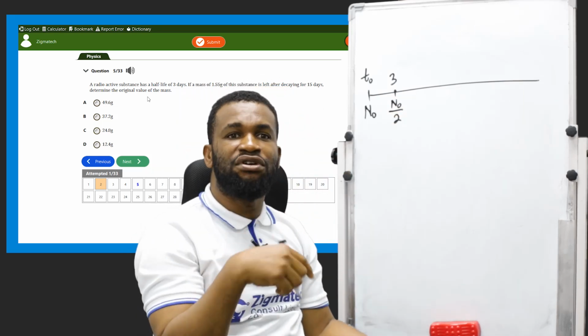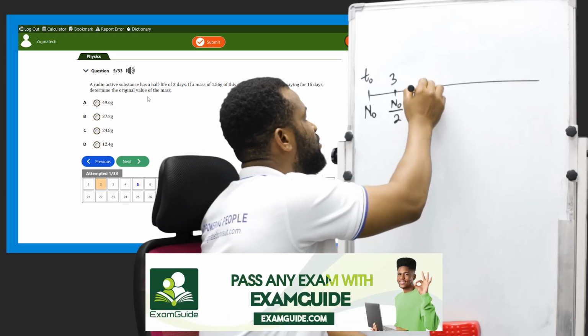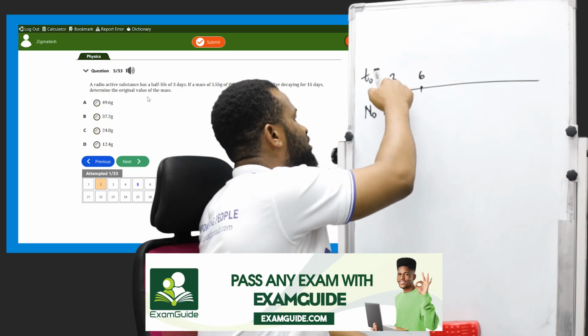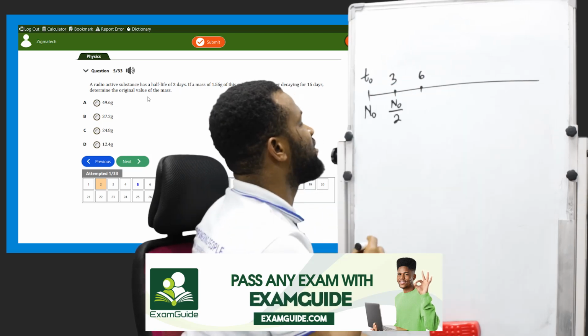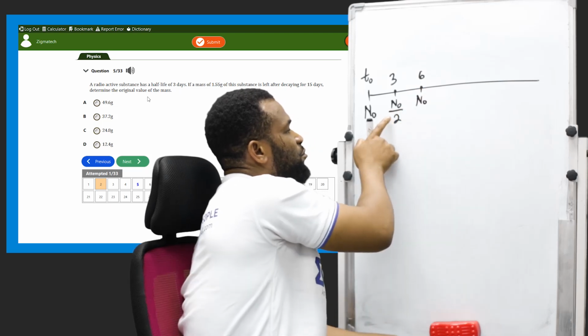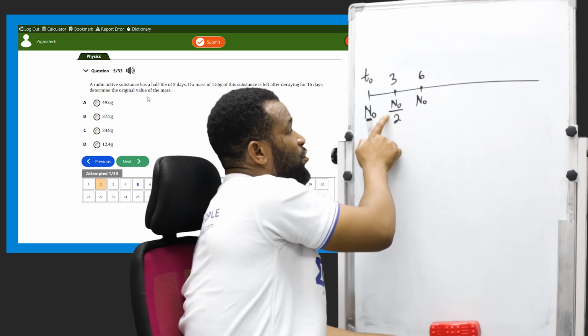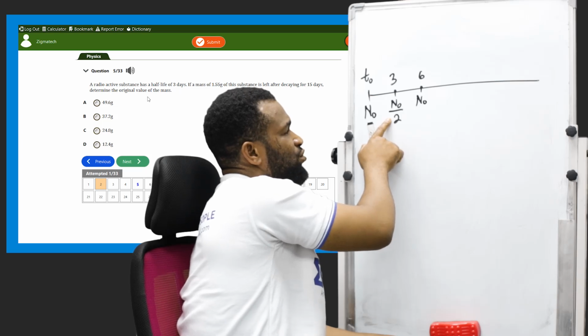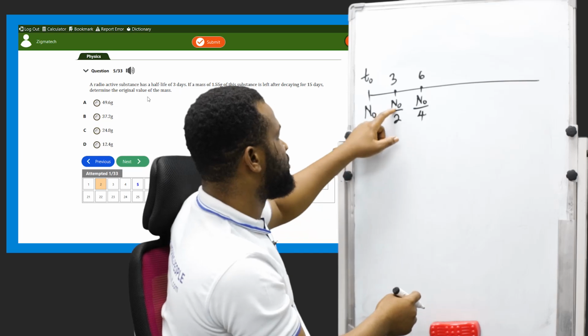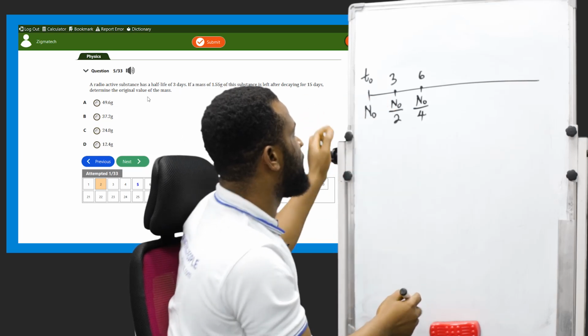Then after another 3 days, which is 6, because 3 plus 3 is 6, what will be left here, if I multiply N sub 0 over 2 times 1 over 2, I'm going to have N sub 0 over 4. Remember, N sub 0 is the original value.